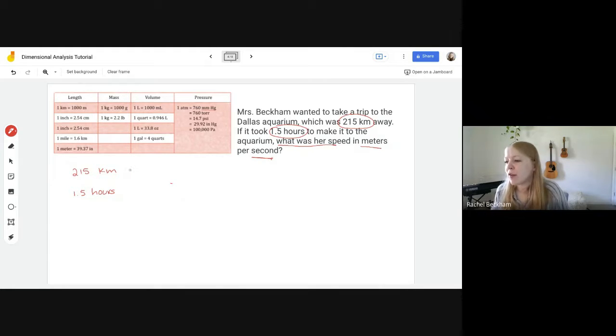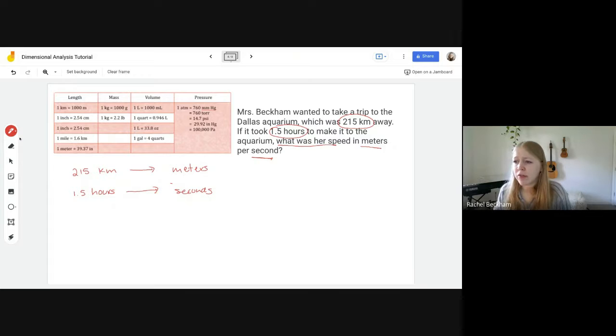So we need to convert the kilometers to meters and the hours to seconds because they gave me my distance in kilometers and my time in hours, and they want her speed in meters per second. So I'm going to convert the kilometers to meters and the hours to seconds.